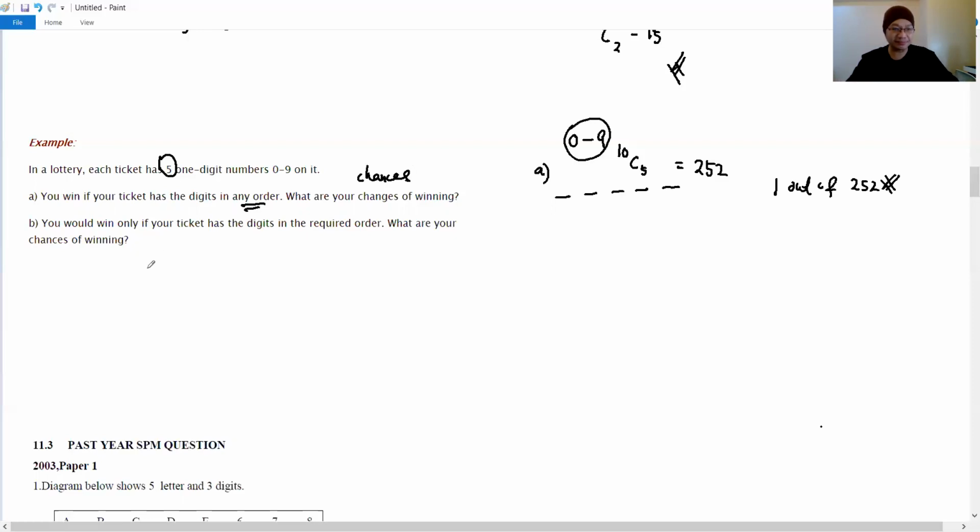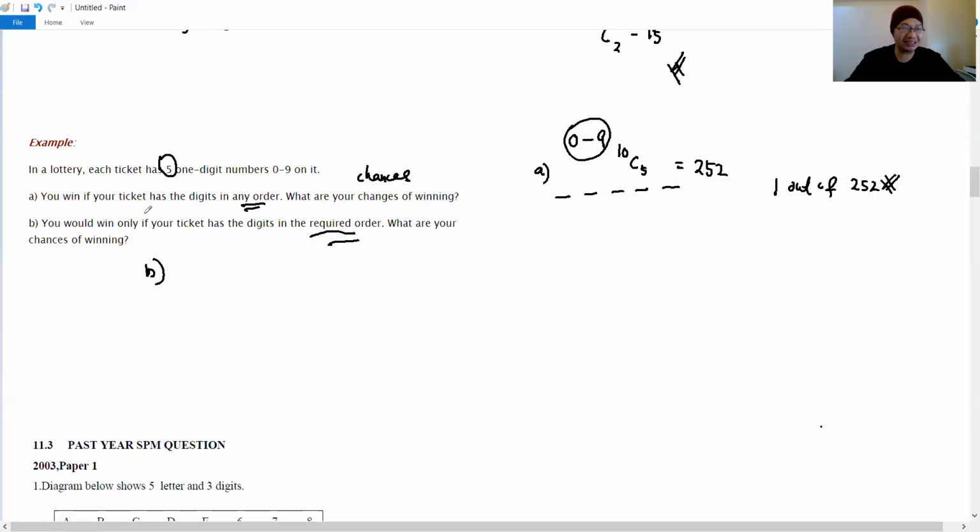How about B? For question B, you would win only if your ticket has the digits in the required order. See, there's another word order, but required. That means the order is very important here, so this is the permutation question.